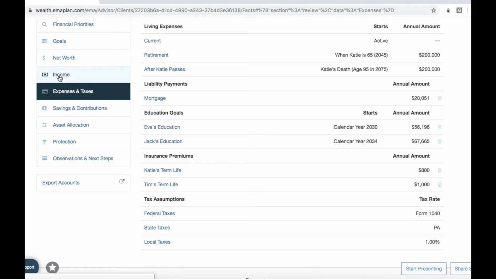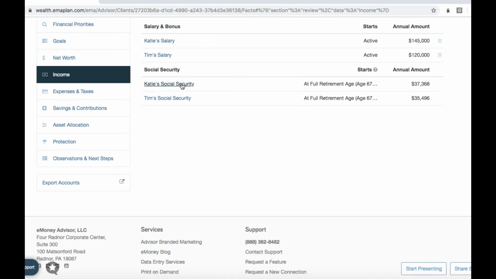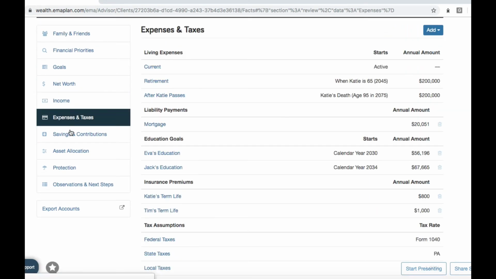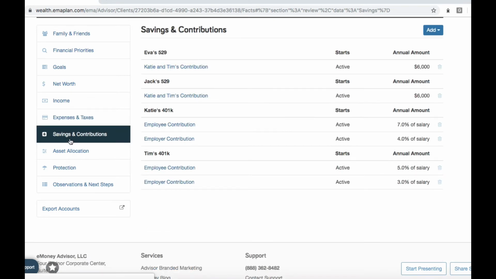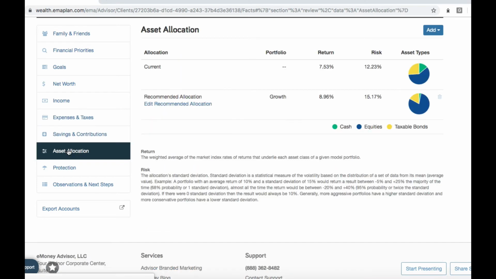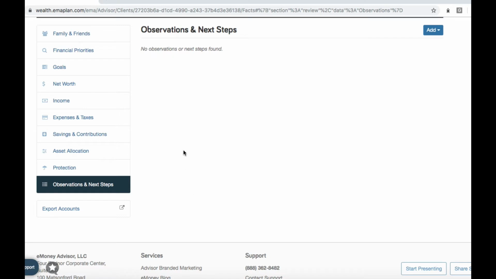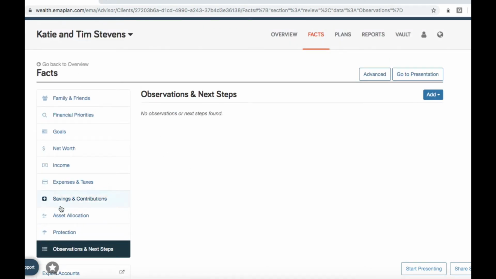They'll also, with income, take into consideration Social Security. They take into consideration everything. Savings, contribution, asset allocation. Protection is going to be more insurance-oriented. Observations and next steps. So the facts are the facts, basically.